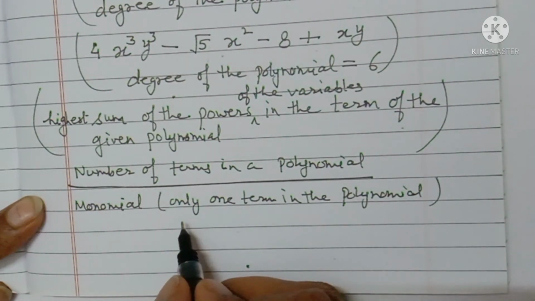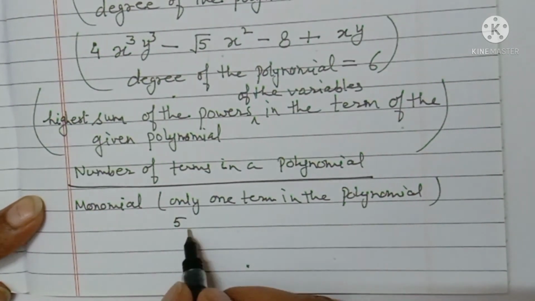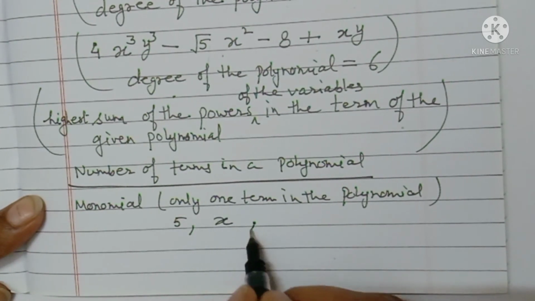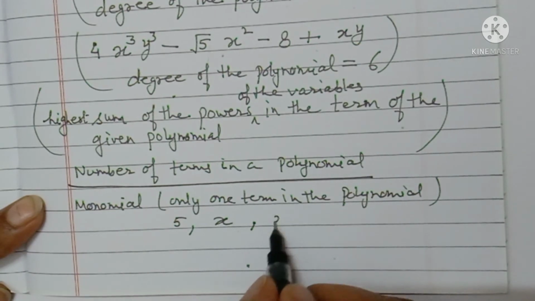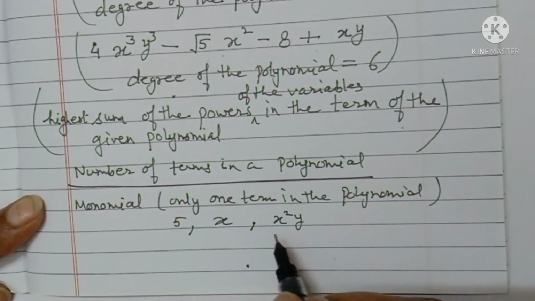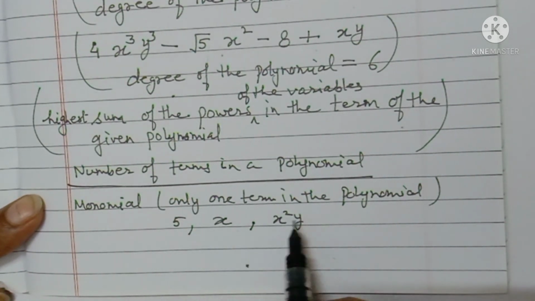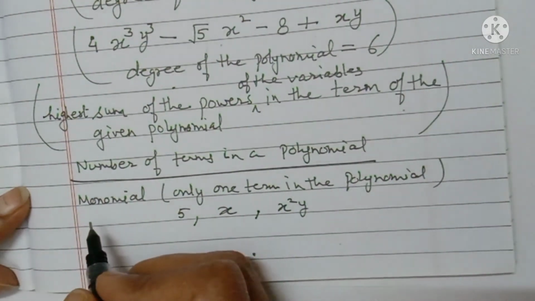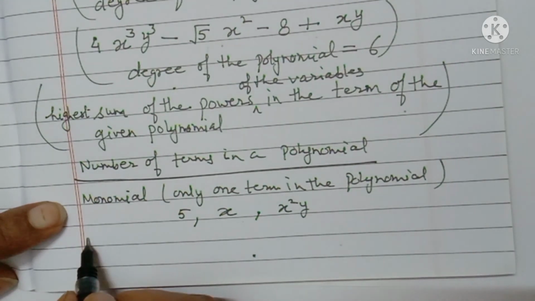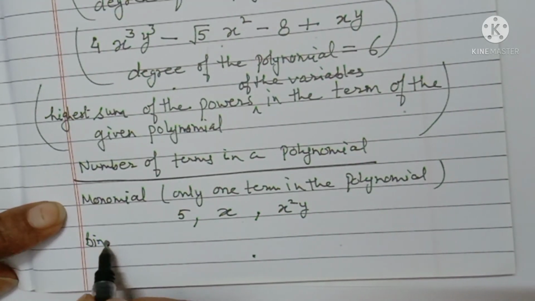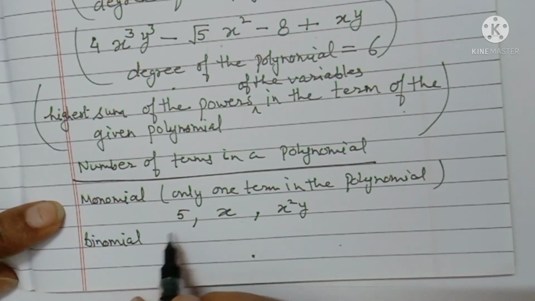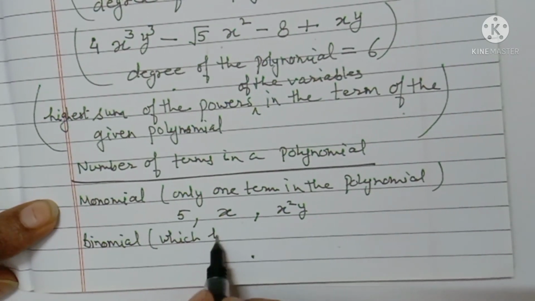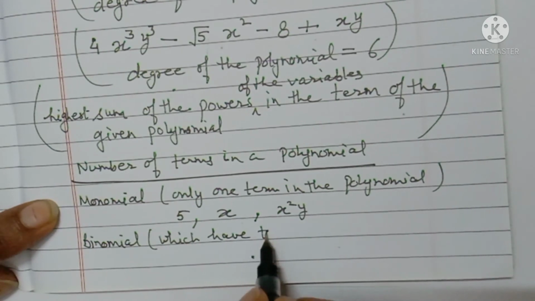Example, suppose only a constant term, or say x, or suppose x square y. This type of polynomial is called a monomial. Second is the binomial, which has two terms.